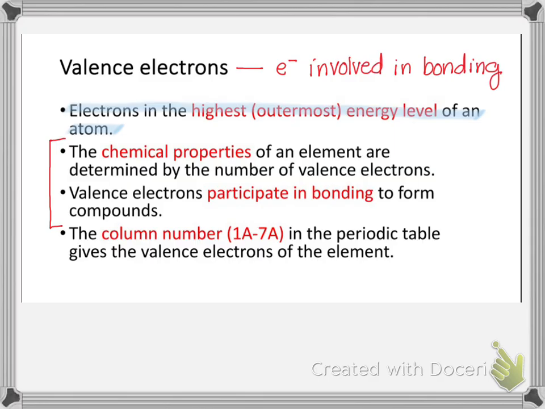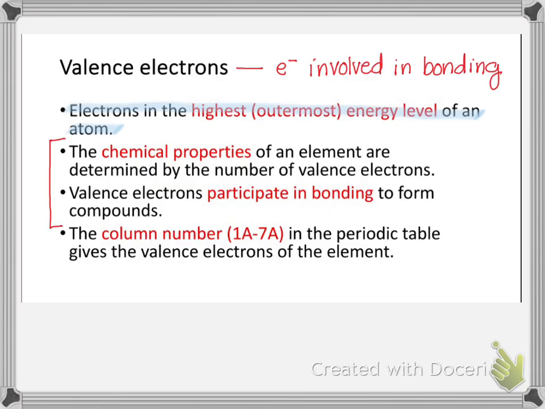Chemical properties, so how they react, is determined by the valence electrons. And then another way, valence electrons participate in bonding to form compounds. Well, that has also to do with reactions. Okay, so it's our valence electrons that have to do with chemical properties, chemical reactions.